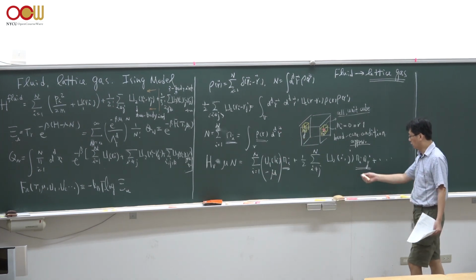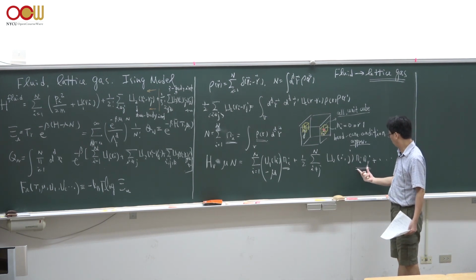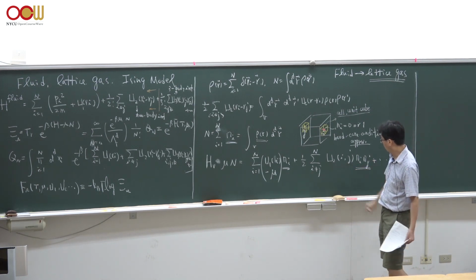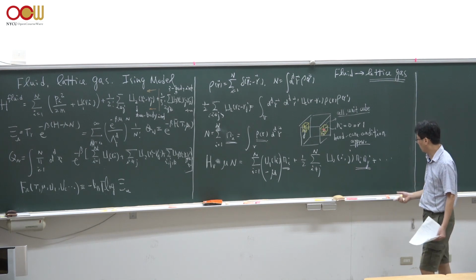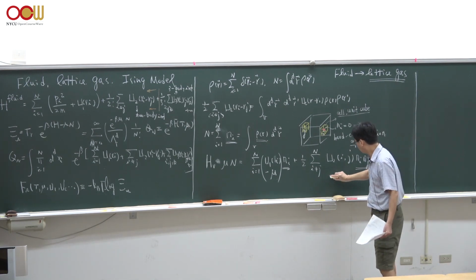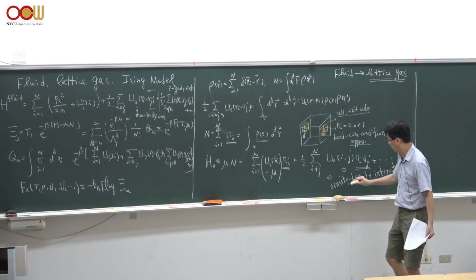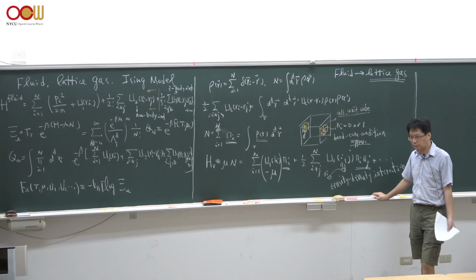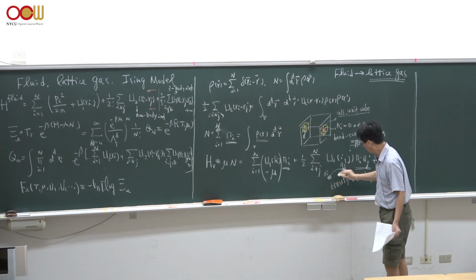And the U2 term is a two-body interaction, which is very clearly seen in this form because this n_i n_j term multiplied by the U2 interaction strength tells us that this is some kind of density-density interaction. It's like a Coulomb interaction of charged particles, or the gravitational force.